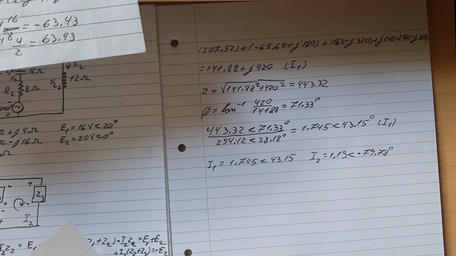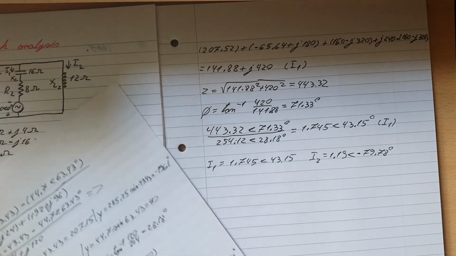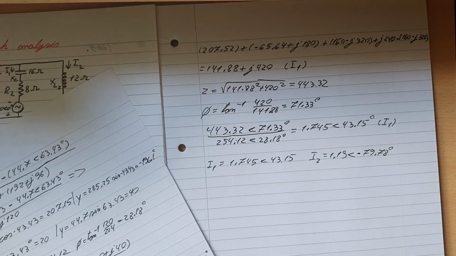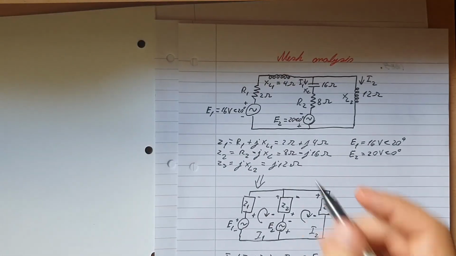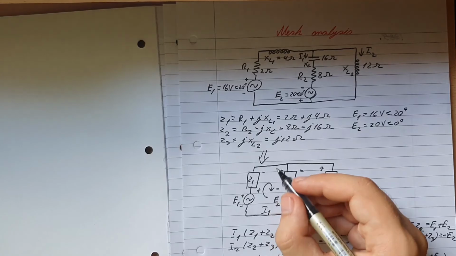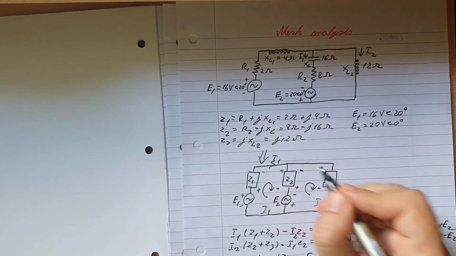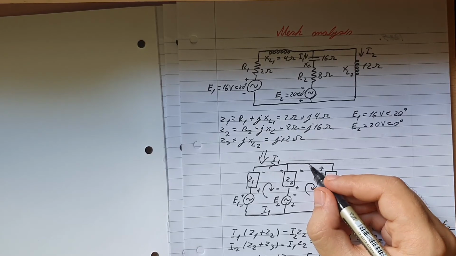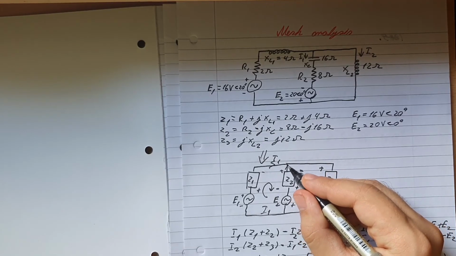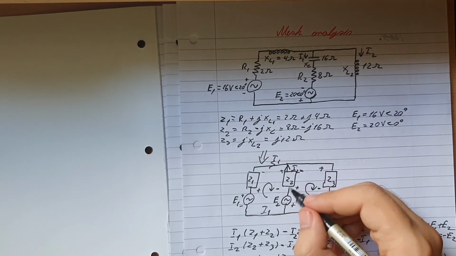So let's see. We can also find the I value, and where is it? Oh, it's here. Okay, so we found I1, which is this I here. We also found I2, which is this I here. This is I2, because it's coming from this one.